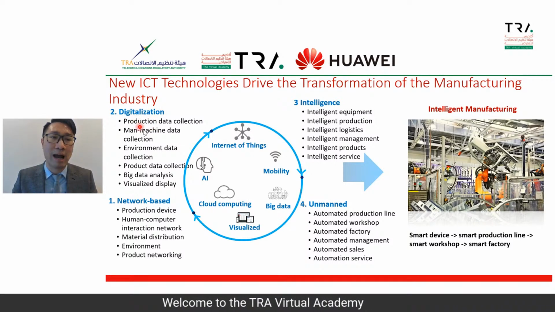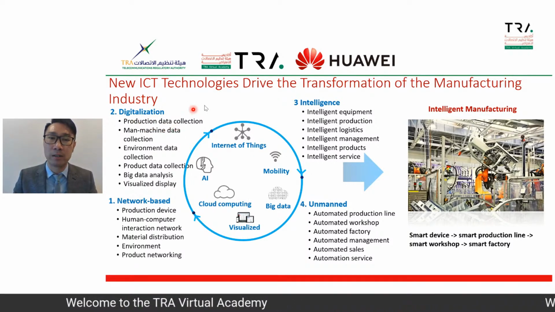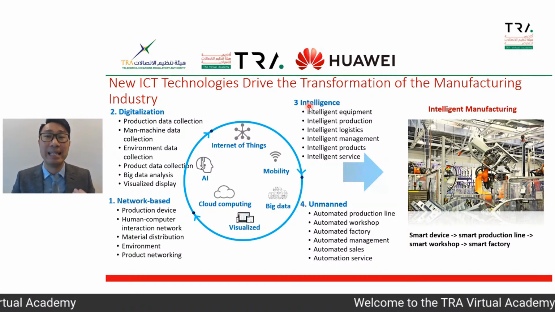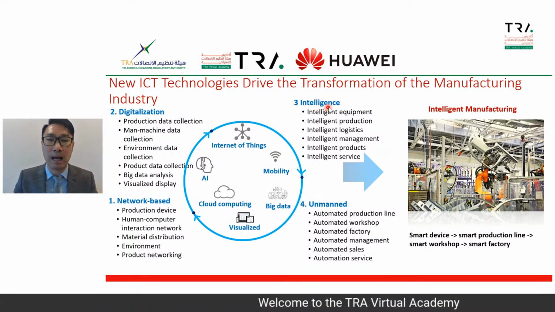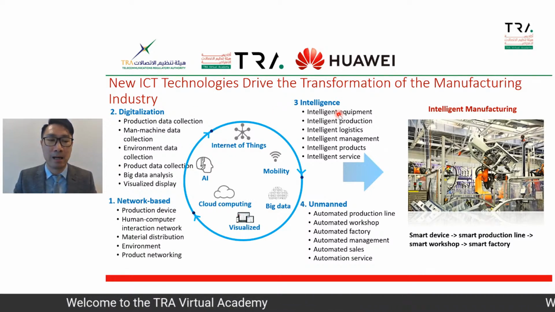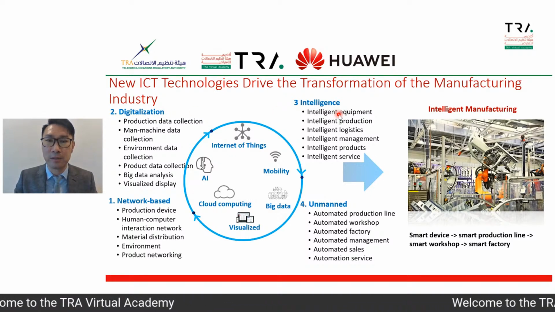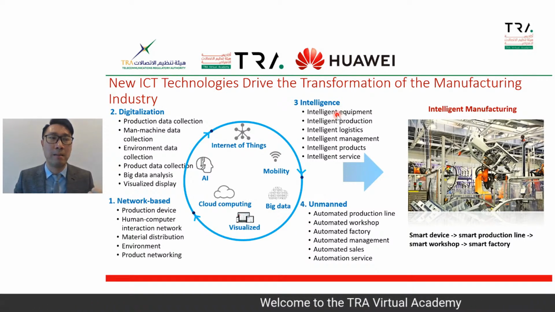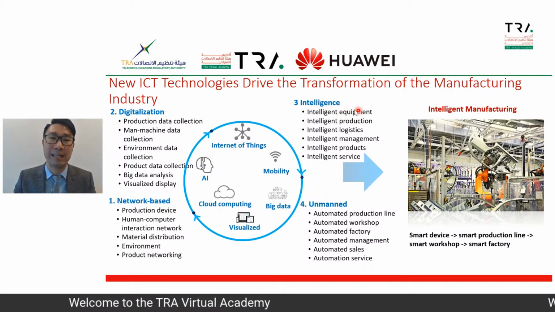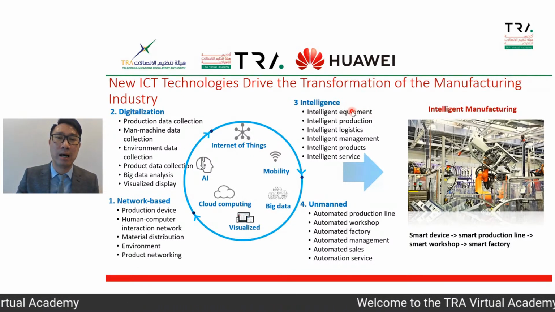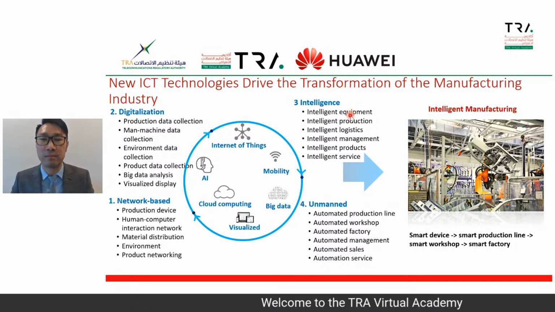And after you have all the data collection, the third step is how you can make it intelligent. By having AI and big data in the applications, we can make the process more efficient and intelligent. For example, the equipment itself: how can we make the equipment more intelligent?